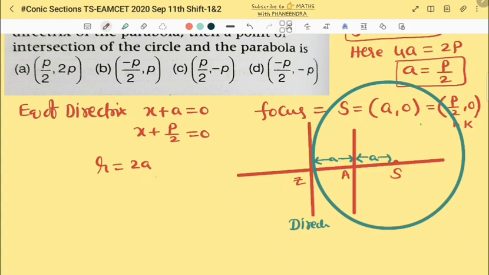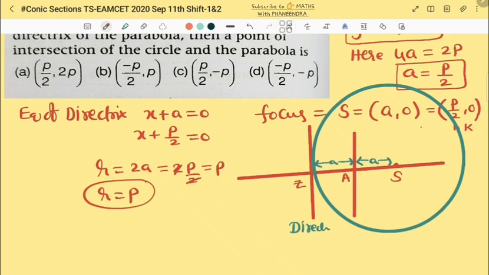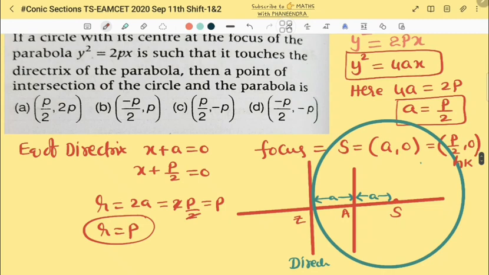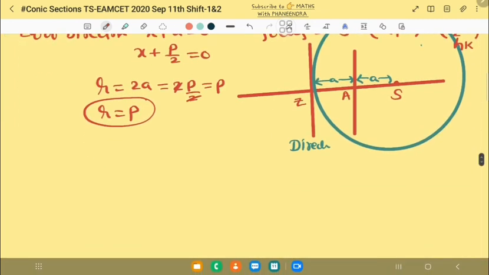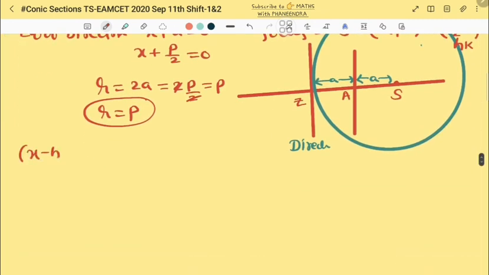From here to here it is A, from here to here it is A. A value we got as p by 2 now. So 2 into p by 2, 2 gets cancelled, so radius value is p and center is h comma k. This is h comma k, dear students. So equation of circle we will write now. x minus h whole square plus y minus k whole square is equal to r square.